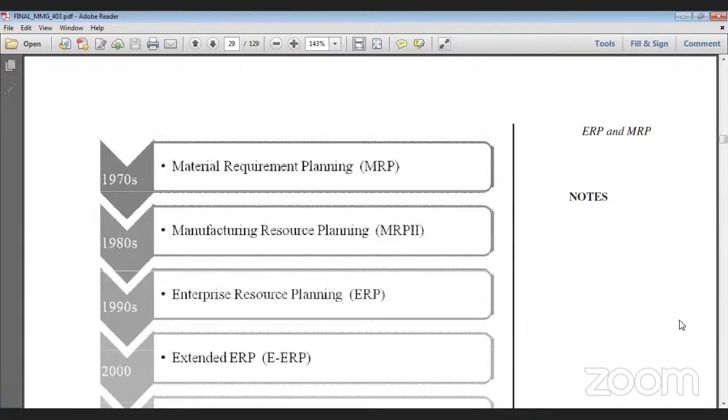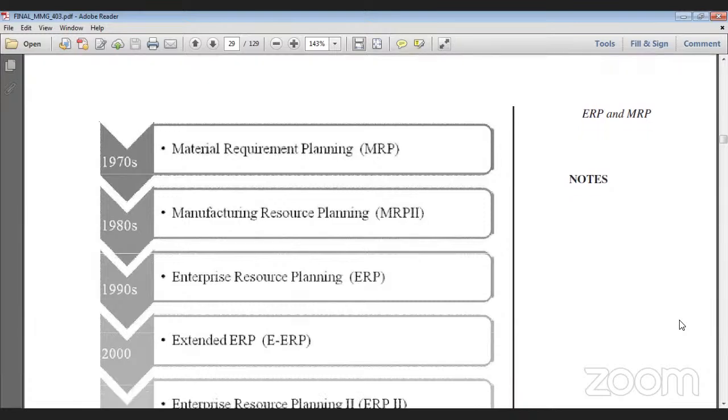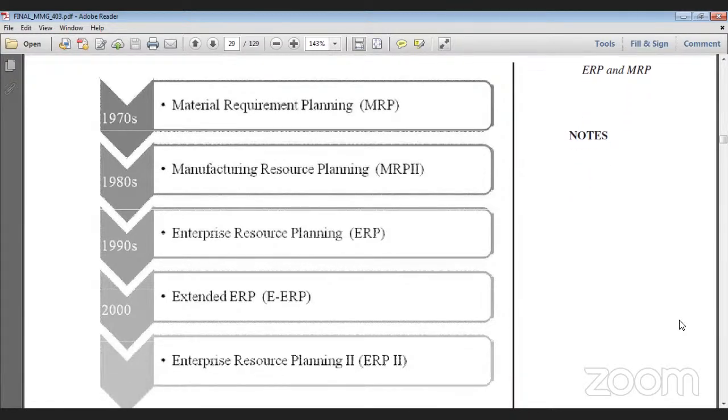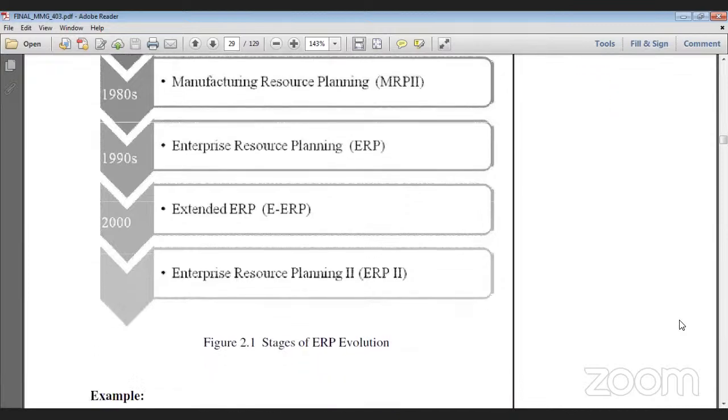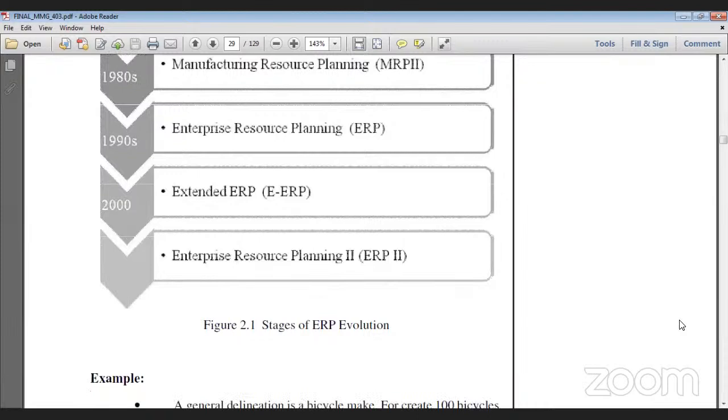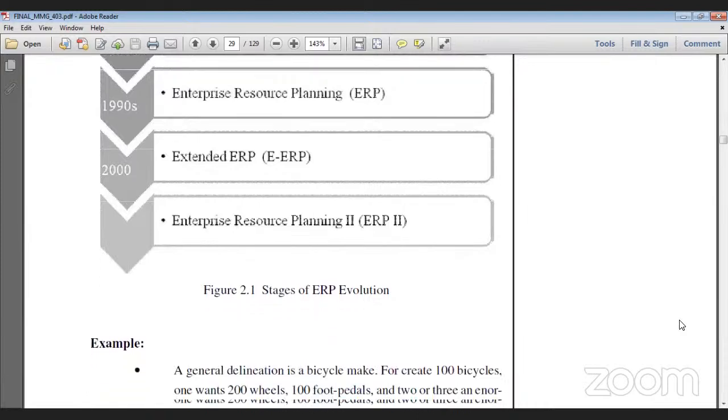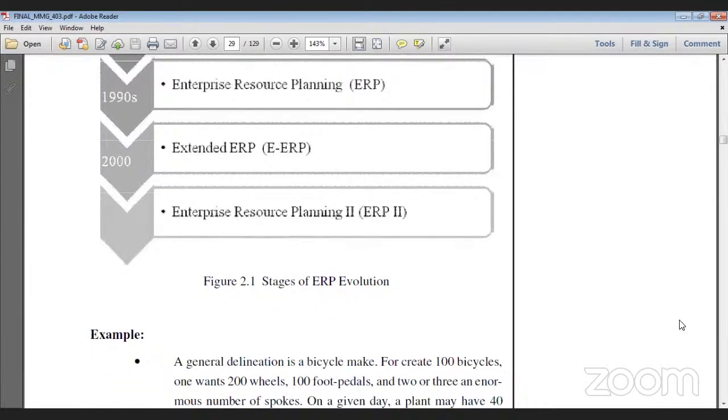Third is enterprise resource planning, ERP. Then there is extended ERP. Then there is also enterprise resource planning, ERP II. This is given in your figure 2, stages of ERP evolution. Here the example is given.